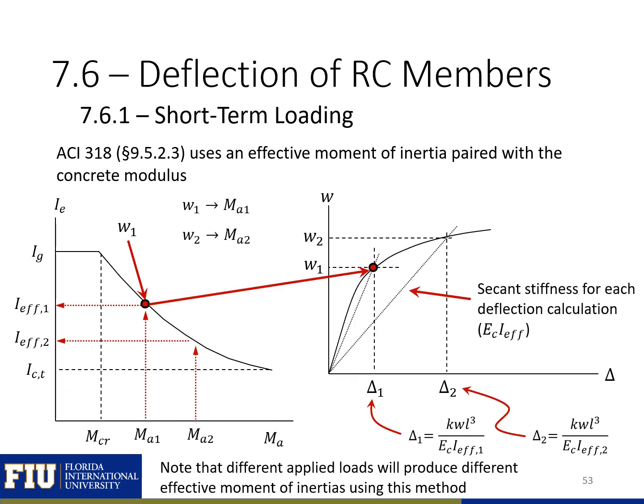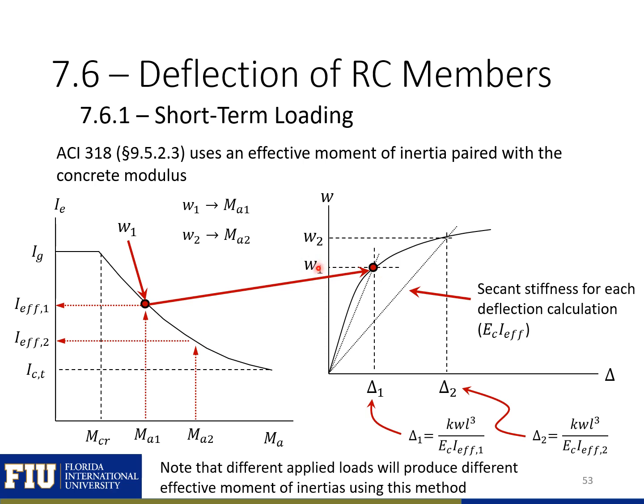Note that different applied loads are going to produce different effective moment of inertias. If we have a W1, this W1 is going to cause some M sub A, or an applied moment that's associated with that W1, and we'll use this I effective to calculate our deflection associated with W1.